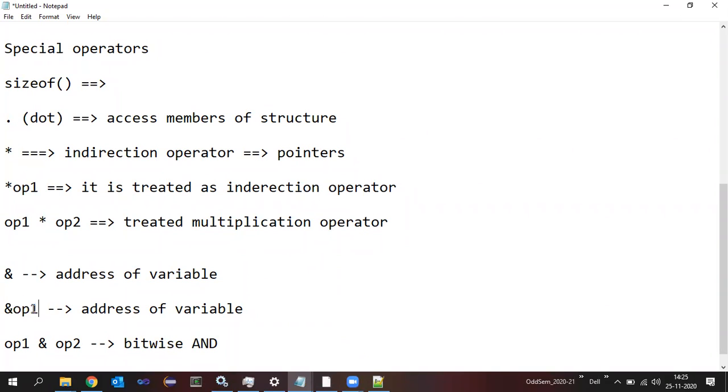If you notice here, there is only one operand, then it is a unary operation, and in that case it gives the address of the variable. On the other hand, if the same & symbol is used with two operands this way, then it is considered a bitwise and operation. Understood? Yes, sir.